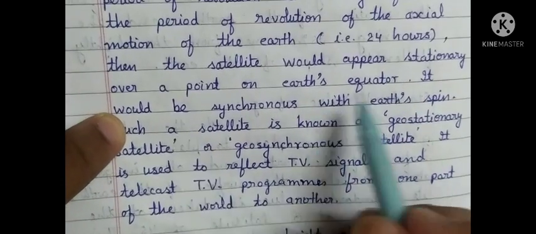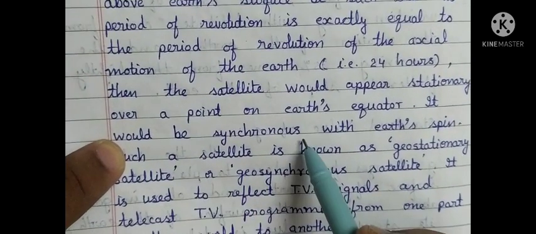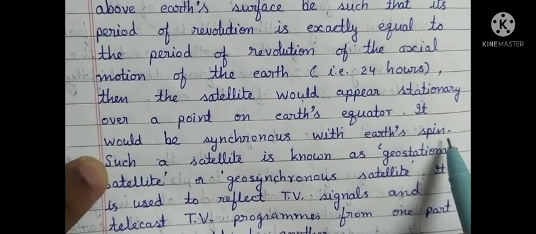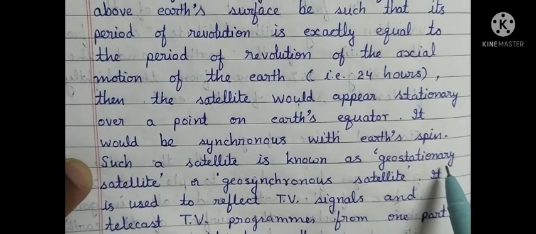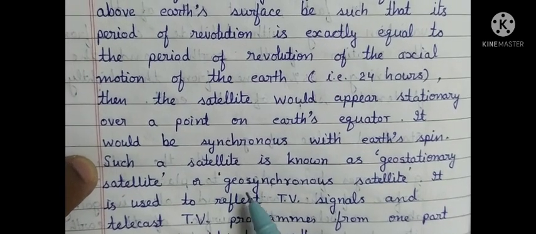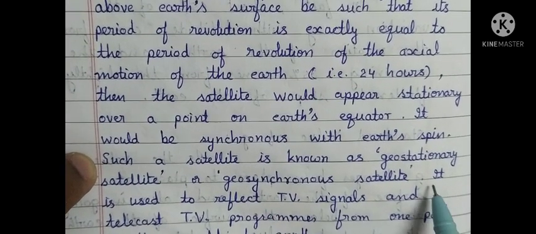That is, it would be synchronous with Earth's spin. Such a satellite is known as geostationary satellite or geosynchronous satellite.